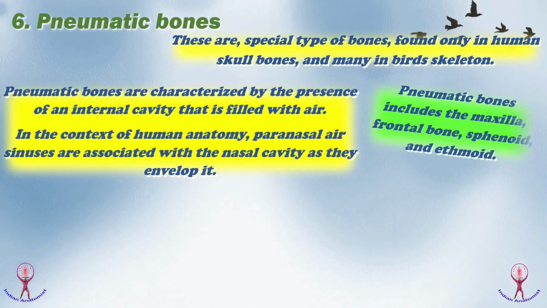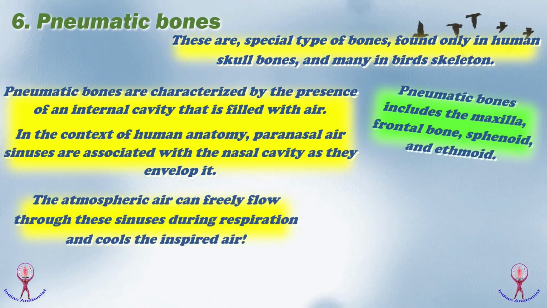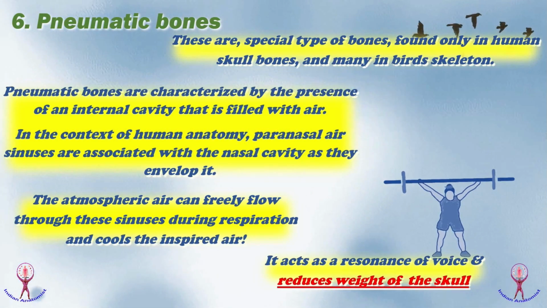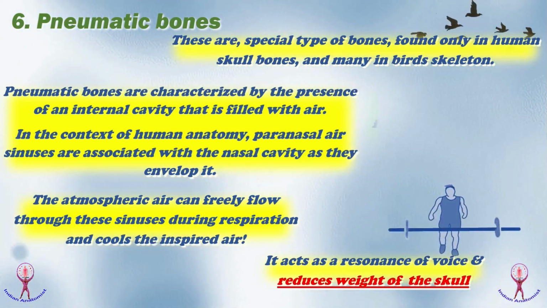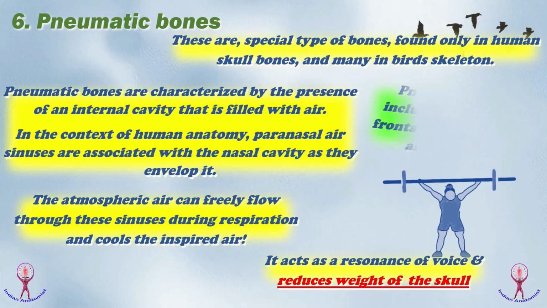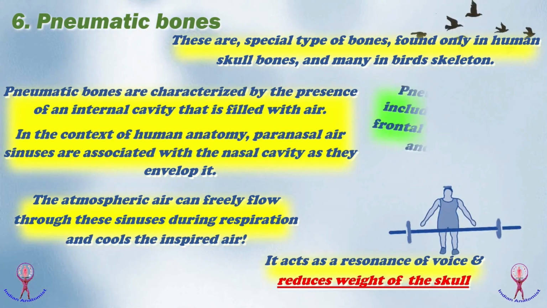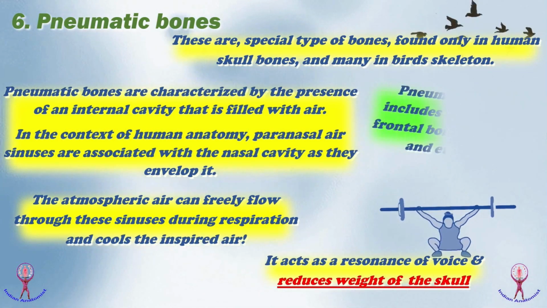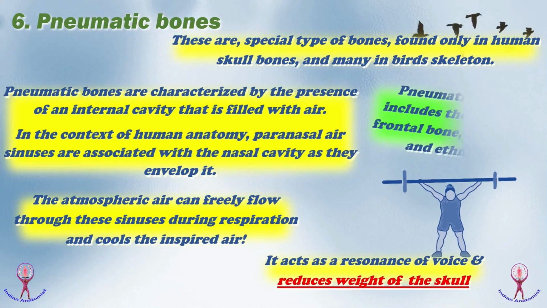Pneumatic bones include the maxillary bone, frontal bone, sphenoid bone, and ethmoid bone. Atmospheric air can freely flow through these sinuses during respiration and cools the inspired air. It acts as a resonator of voice and reduces the weight of the skull.